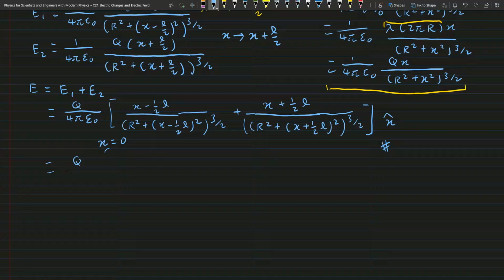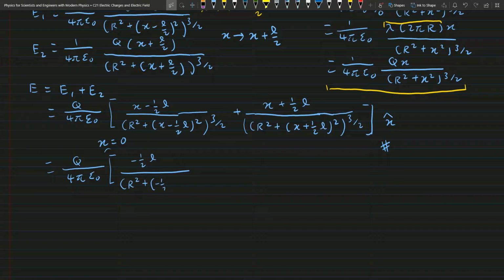So we try to substitute x equals 0 in our formula. If x equals 0, the thing to mention here is that there is a negative inside, and when squared you will get a positive result, so it equals the 1 over 2 L squared.